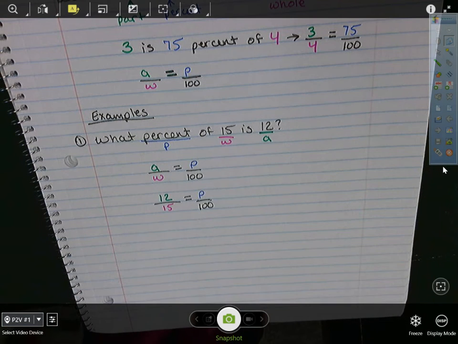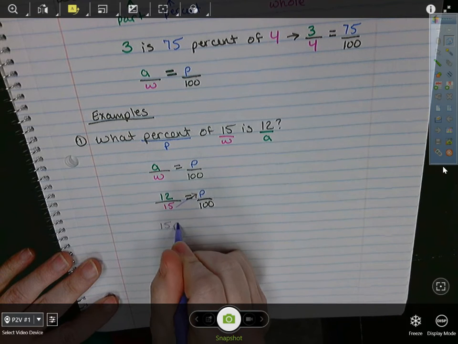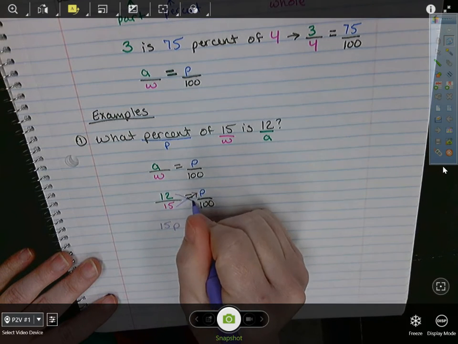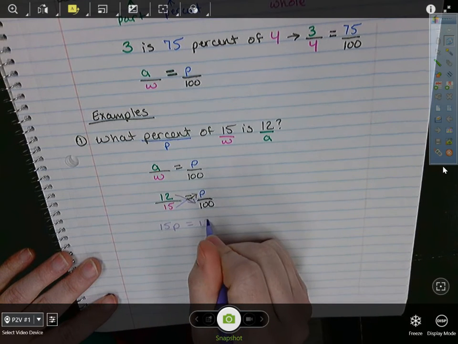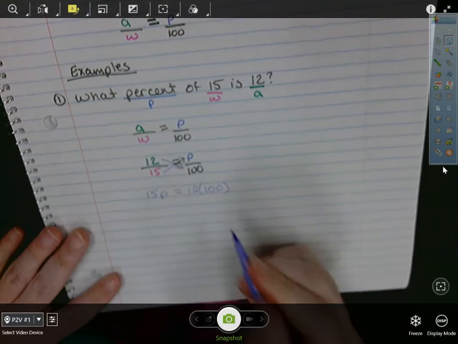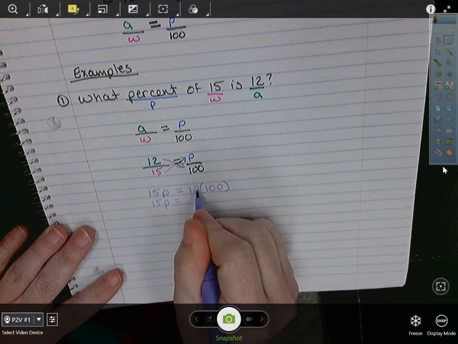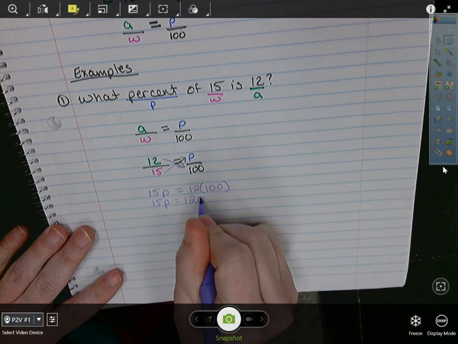Okay. Now, once you have your proportions set up, now you can solve. And we've actually solved proportions before. Okay, we solve proportions by cross multiplying. So you do 15 times P, which is 15P, equals 12 times 100. Okay, and then you do 12 times 100, so 15P equals 1200.